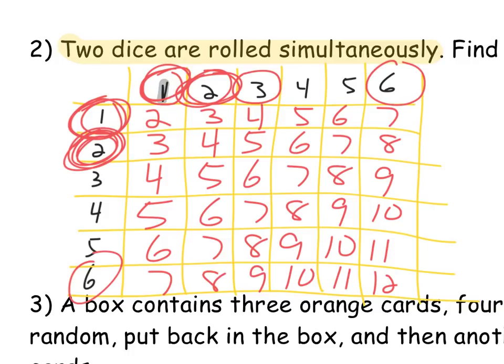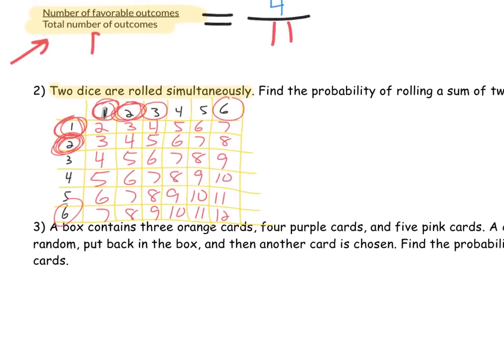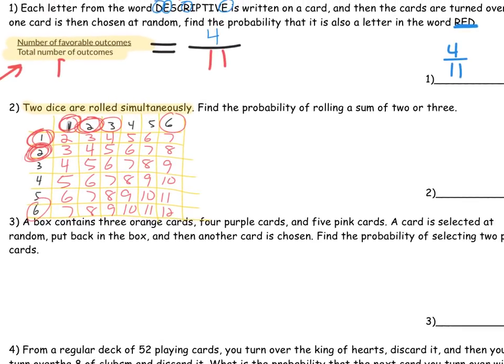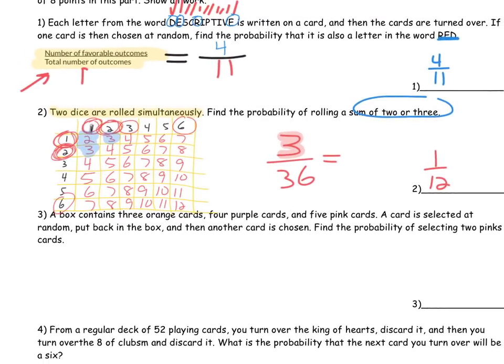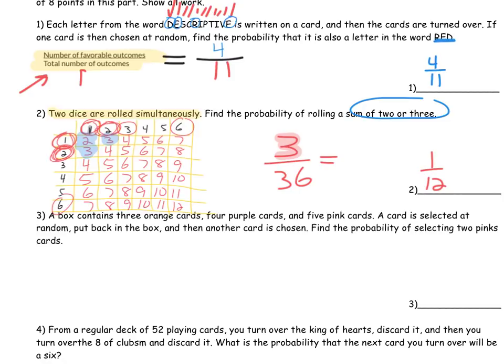So when you roll 2 dice, there are 36 total outcomes, and the probability of getting a sum of 2 or 3, well, in this case, there's 1, 2, there's 2 3s, so there's a total of 3 favorable. So 3 favorable over 36 total, 3/36, that reduces to 1/12. So that's how we do probability questions, favorable outcomes over total outcomes.